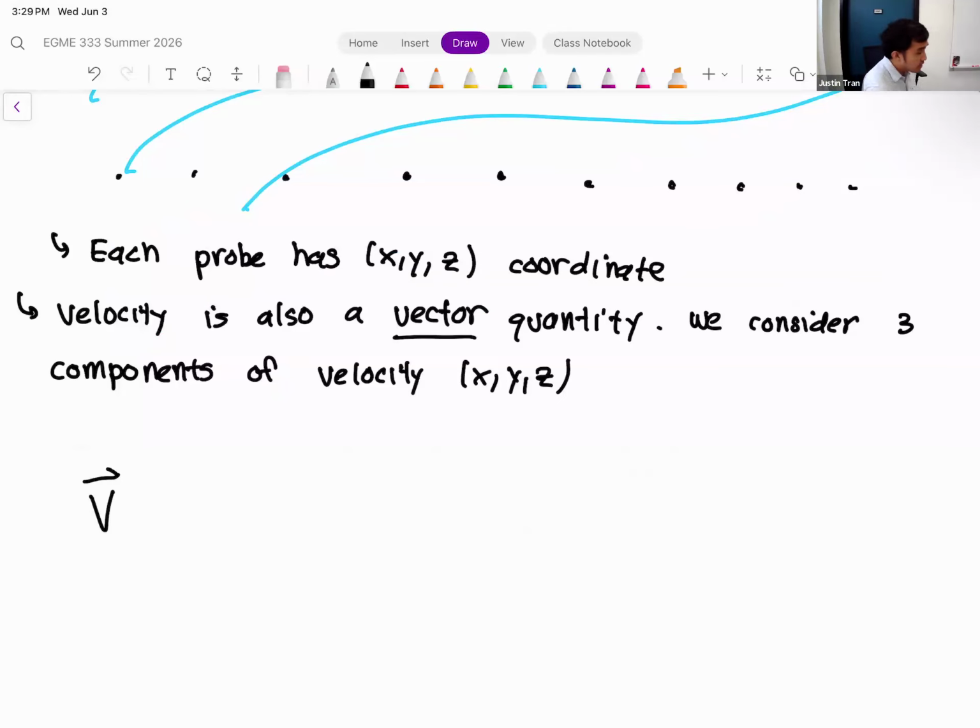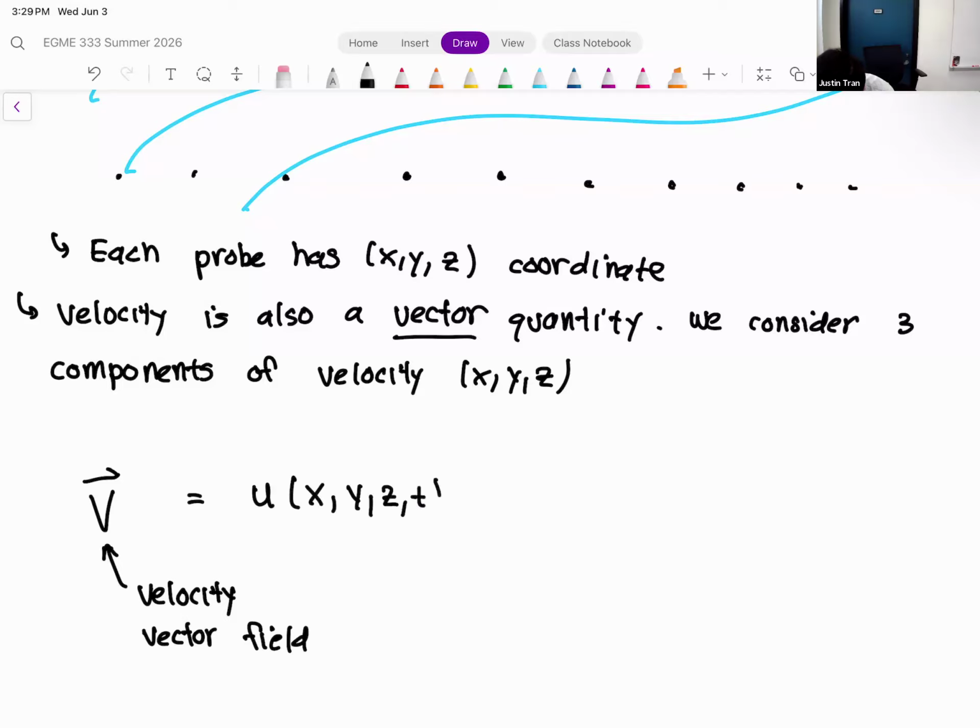All right, so we have our velocity vector, right? So I put the arrow above the head to denote the fact that it's a vector. Our velocity vector is going to have three components. So it's going to have a u component. So u is going to be a function of x, y, z, and time.